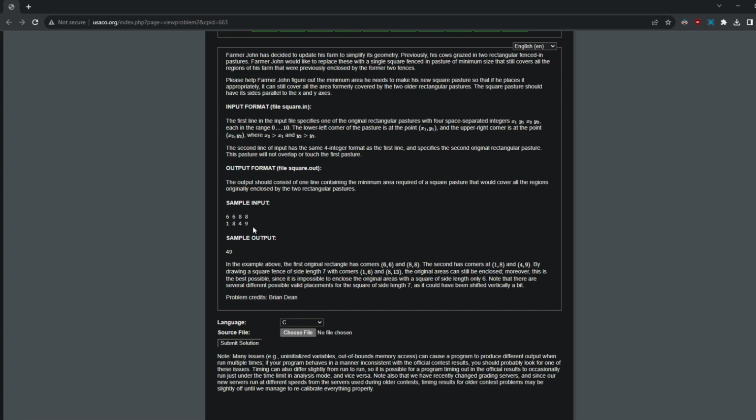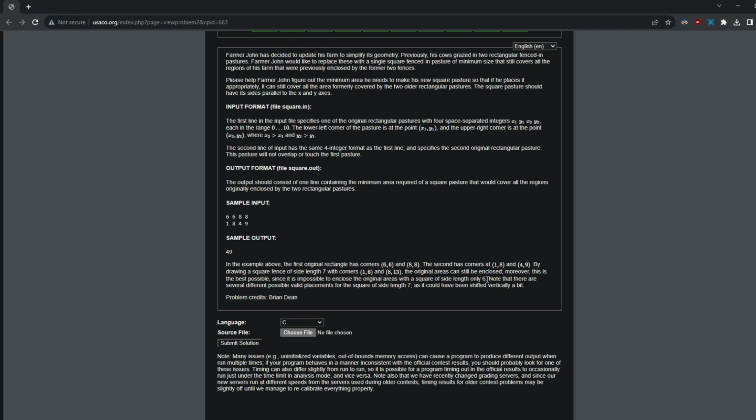In this example, the first original rectangle has these corners, and the second has these. By drawing a square fence of side length 7 with corners 1, 6, and 8, 13, the original areas can still be enclosed. And this is the best possible since it is impossible to enclose the original areas with a square of side length only 6.